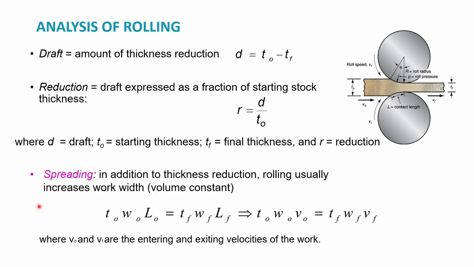In addition to the thickness reduction, the rolling usually also results in increasing the width, mainly because the volume is going to be the same. So the initial thickness multiplied by the initial width multiplied by the initial length is going to be equal to the final thickness multiplied by the final width multiplied by the final length.